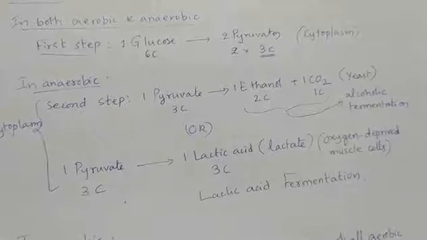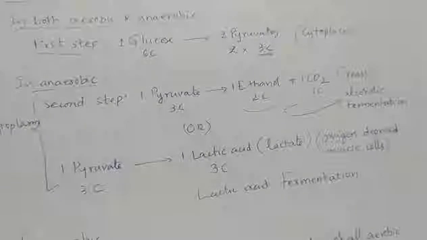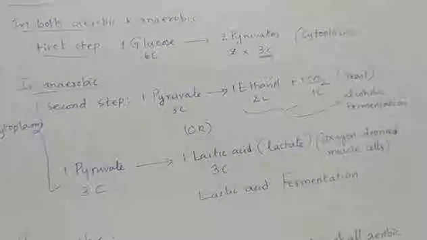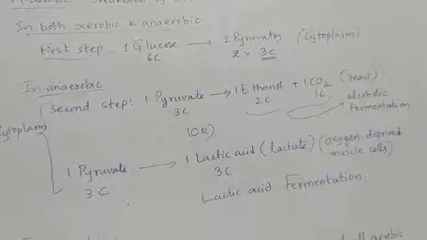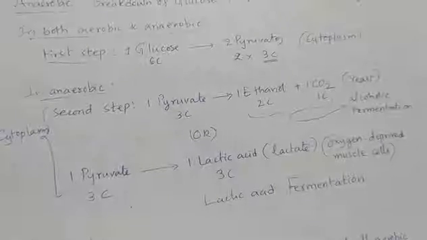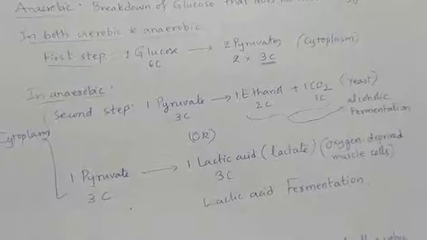Pyruvate is a 3-carbon molecule. So two pyruvates are formed by the breakdown of glucose in the first step of both aerobic and anaerobic respirations. And so the first step is common in both.